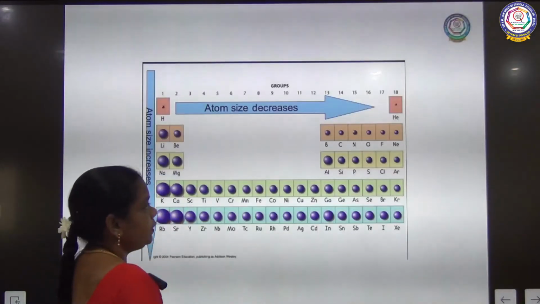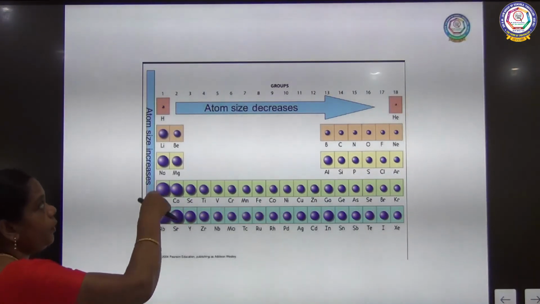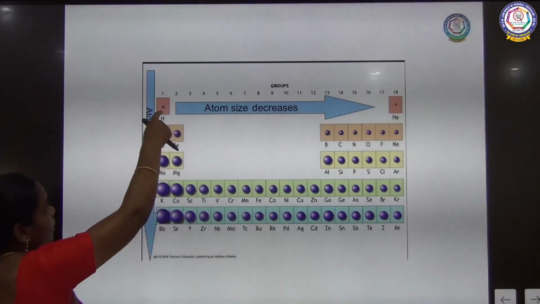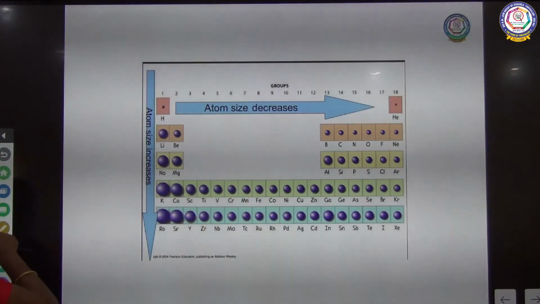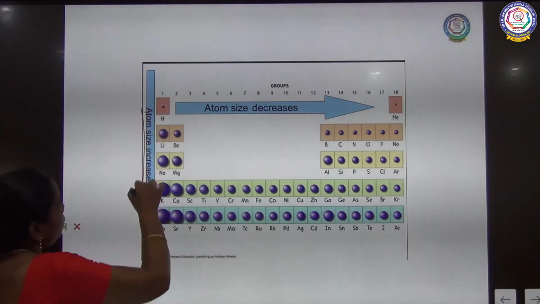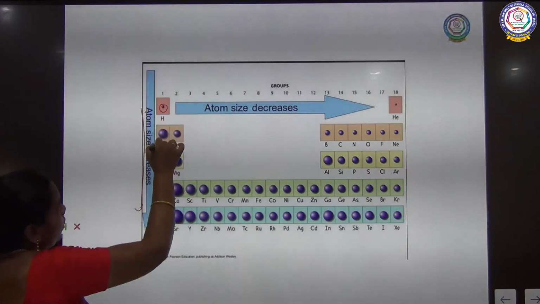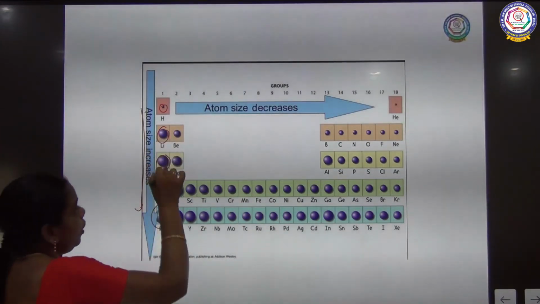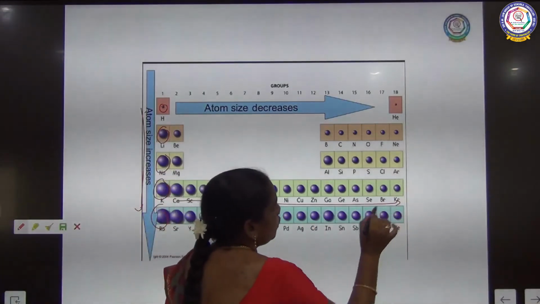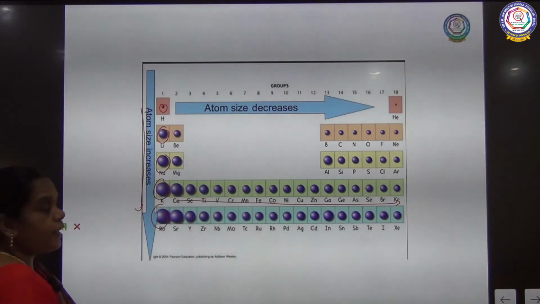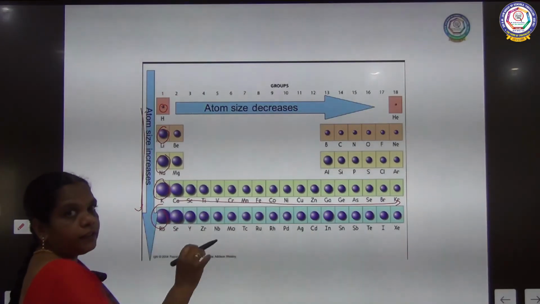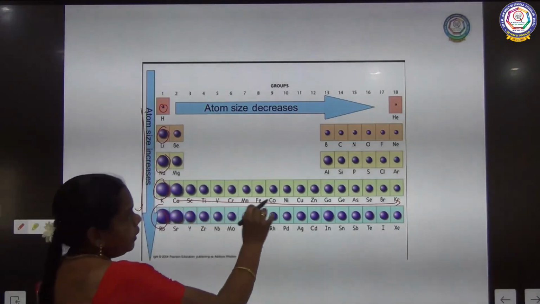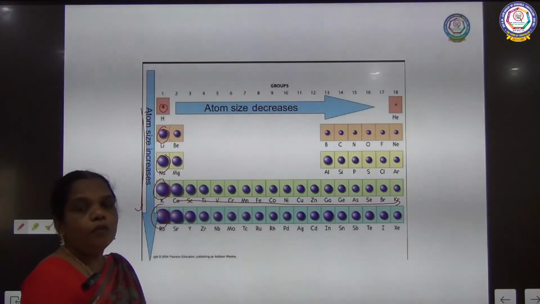You can compare here the size of an atom. Down the group, the size is increasing, and along the period the size of an atom decreases, because this is the fourth period, meaning all the valence electrons enter into the fourth energy level.